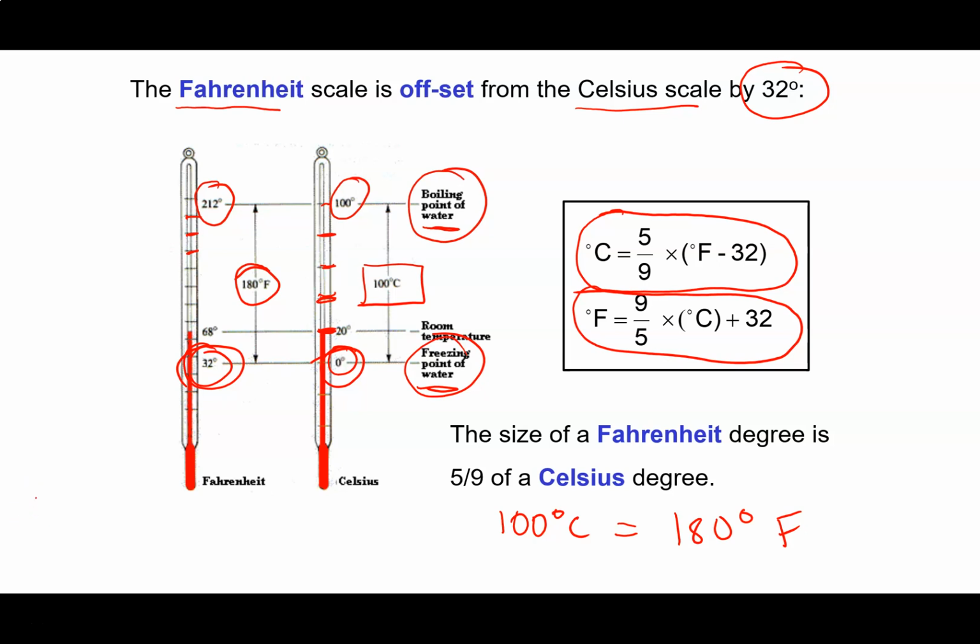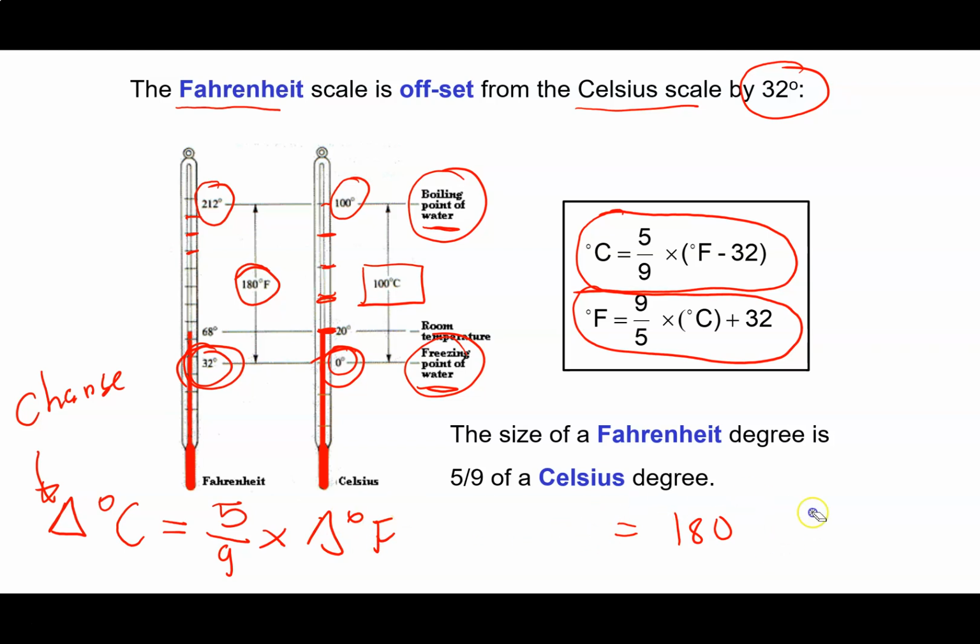Now, I do want to give you a little bit of a heads up. Sometimes we're just interested in how the temperature changes. We don't care about the absolute value. To indicate a change, we're going to use a delta. That means change. The change in temperature in degrees Celsius is equal to 5/9 times the change in degrees Fahrenheit.